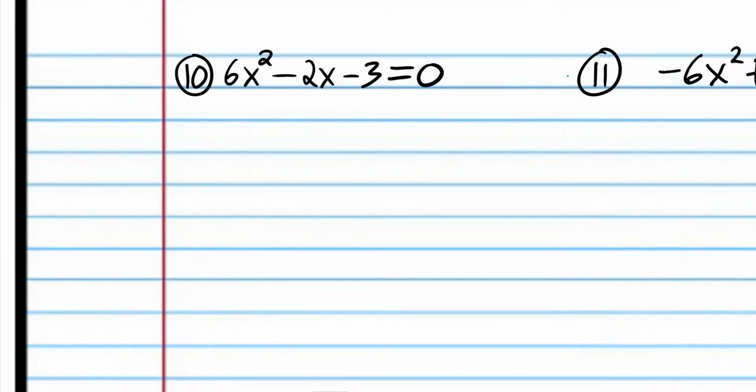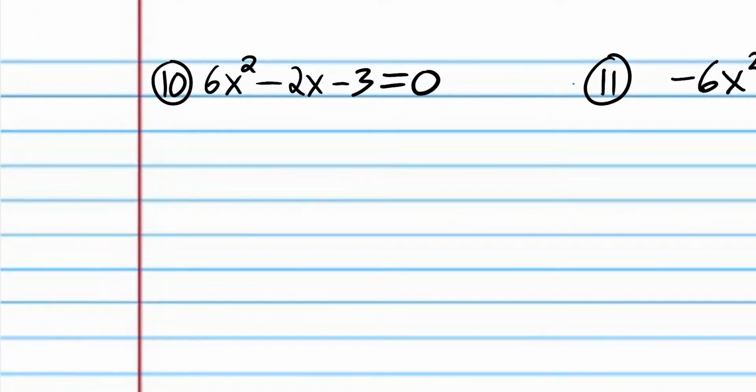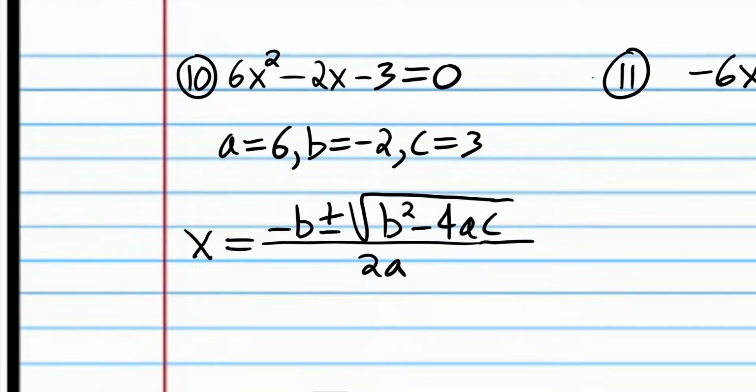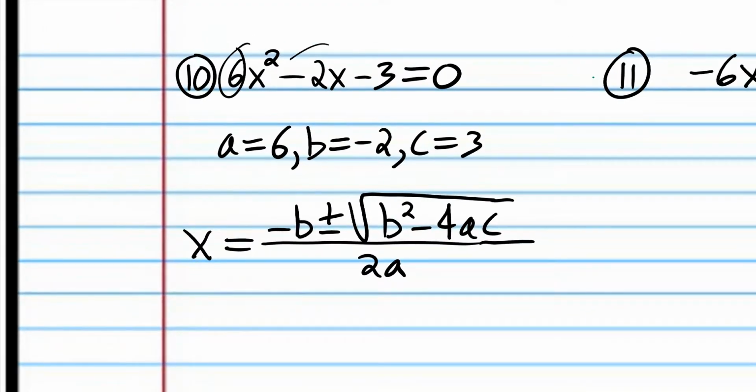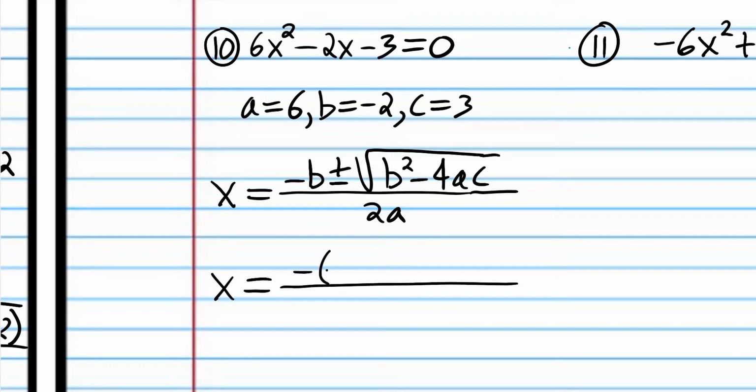Okay, so we're going to try one more of these problems before you try one on your own. So I'm going to label those constants, and I'm going to write the quadratic formula. Again, this number is always A, this number is always B, and this number is always C. So now we're just going to plug in. And again, we have a double negative, so be very careful with that.